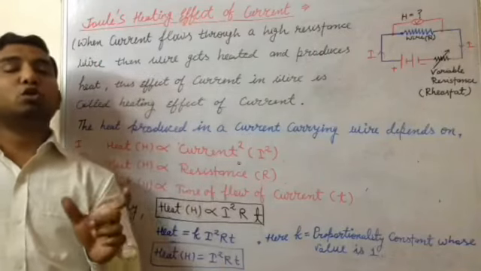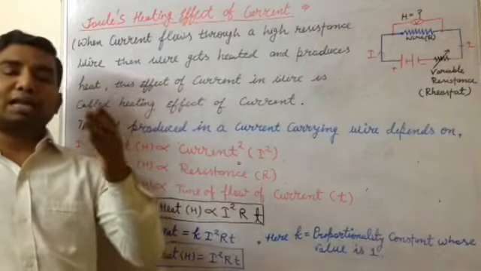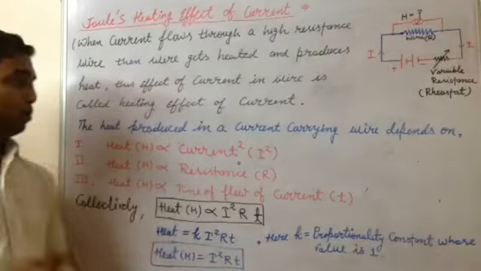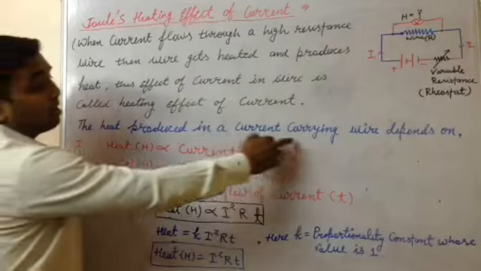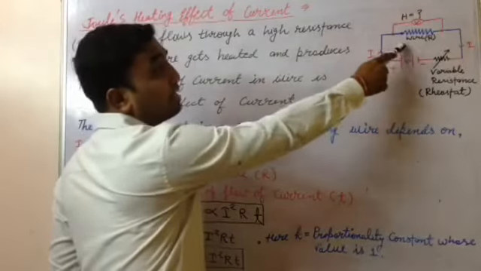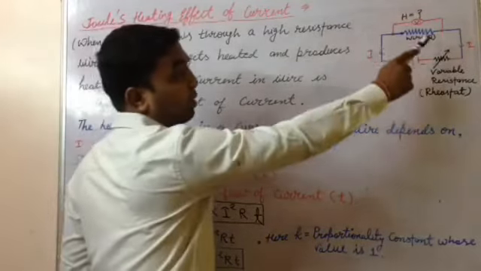But we should know the formula also, like the heat that is produced in the wire depends on what factors. Here you can see this was our wire, and in that wire current was flowing because of this battery.